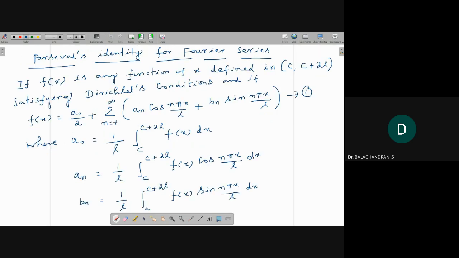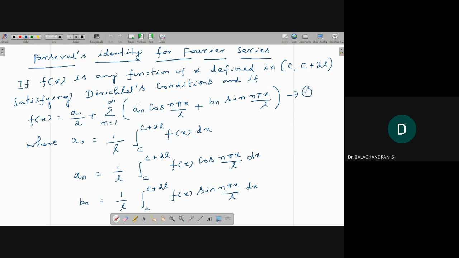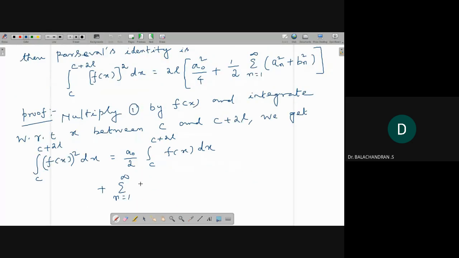I am going to take the integration inside the summation. So first I will write summation n equal to 1 to infinity an, now integration c to c plus 2l.